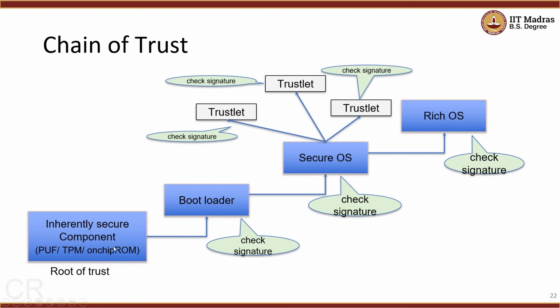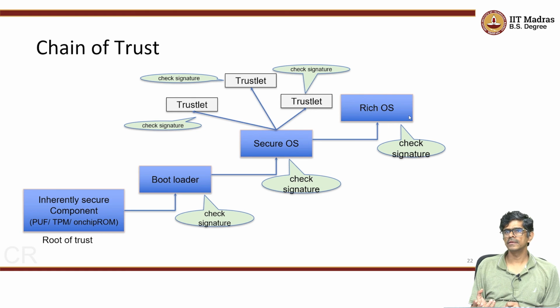So what we have now achieved in this way is a complete chain of trust, starting from a root and building ourselves up until we have the rich operating system that executes, right? So we are guaranteed this way, with the help of strong cryptographic algorithms, that any application within this particular chain is authentic and not tampered in the secondary storage, right? Thank you very much.